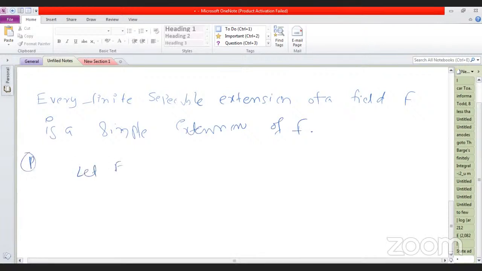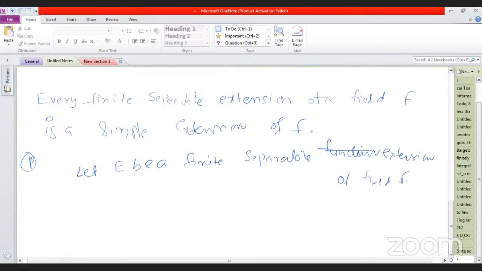Let E be a finite separable extension of a field F. What does separable mean?